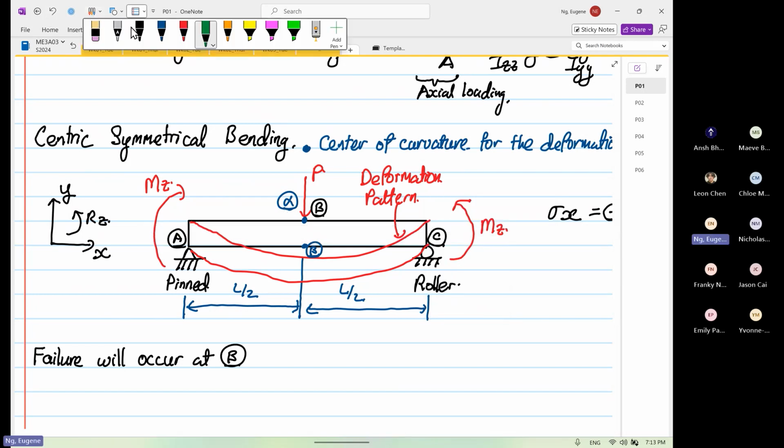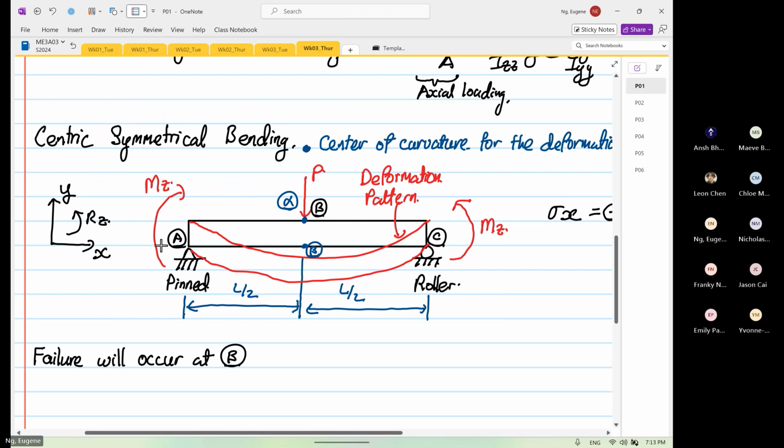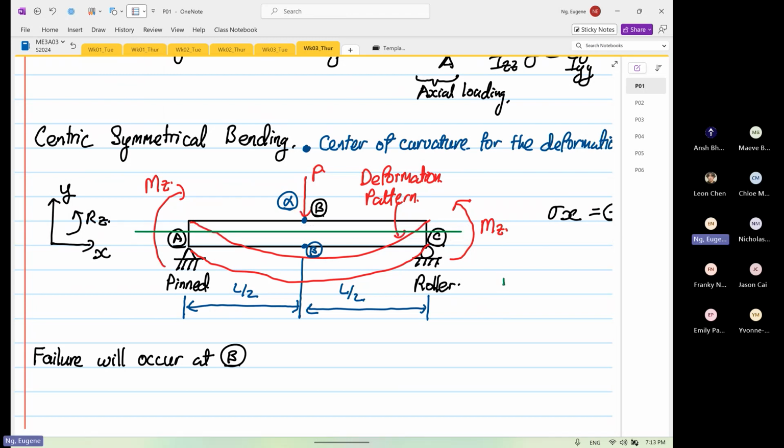This green line is our centroid. And we know that the centroid is a geometric centroid.